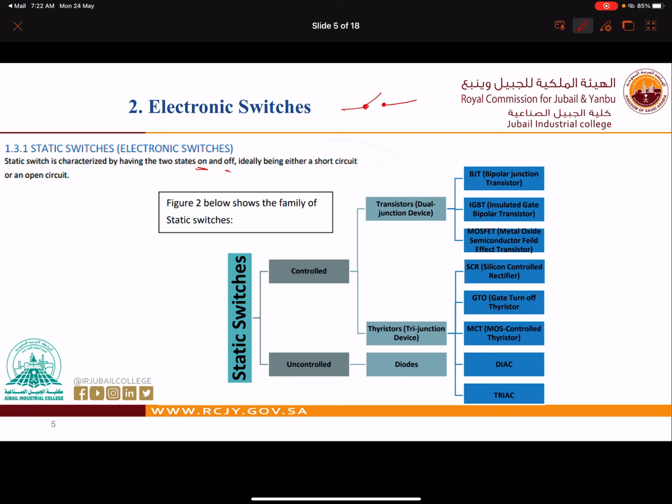So it is either on or off. Now this is the off condition. If we close it like this, then it is called on. Now we can say that when the state of the switch is on, it is a short circuit.